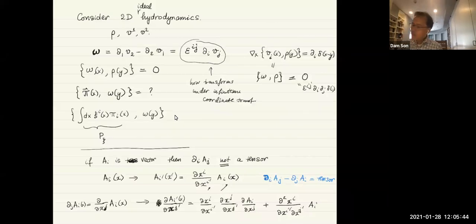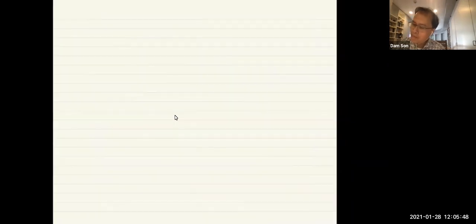And so this omega, d_i v_j minus d_j v_i, is a tensor of second rank. That's good. It's easy to see how it transforms.